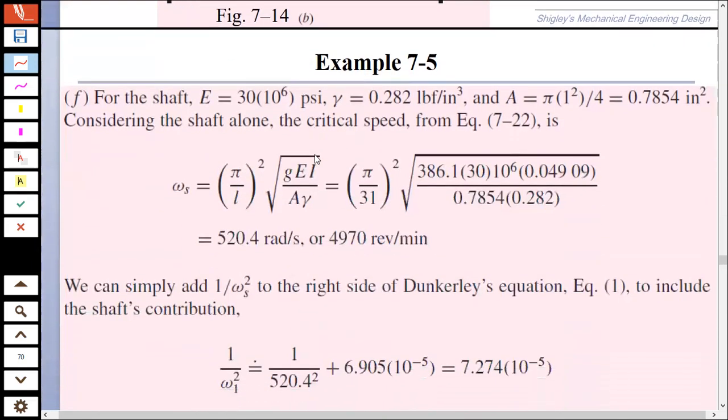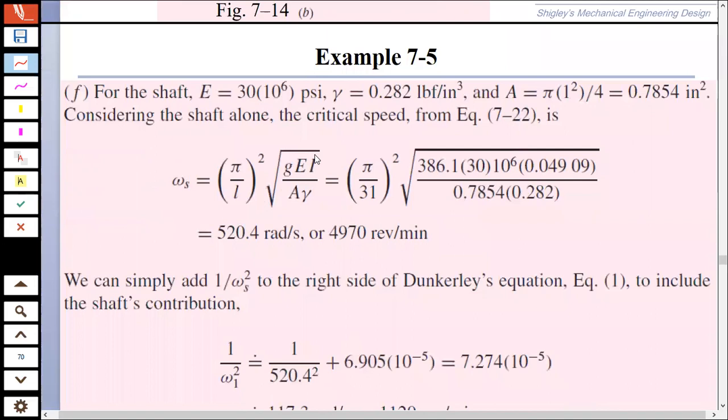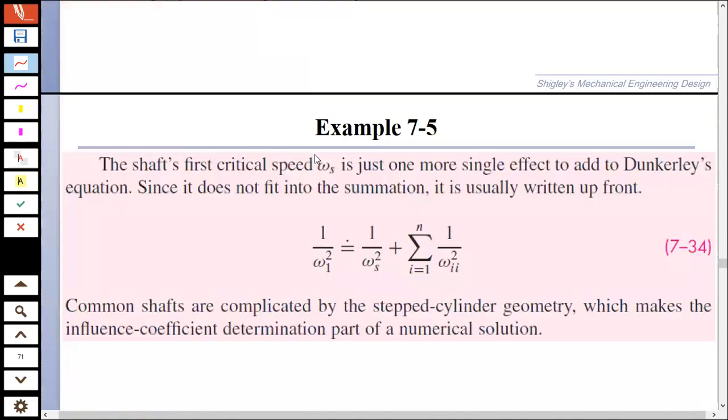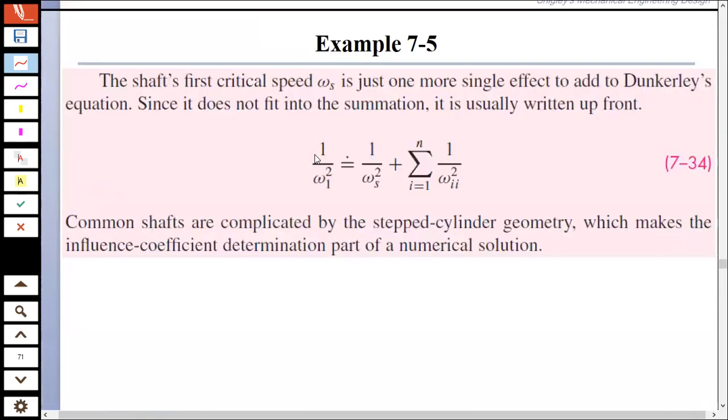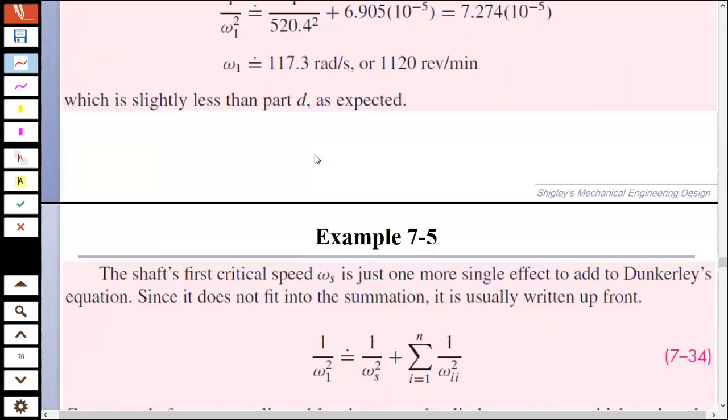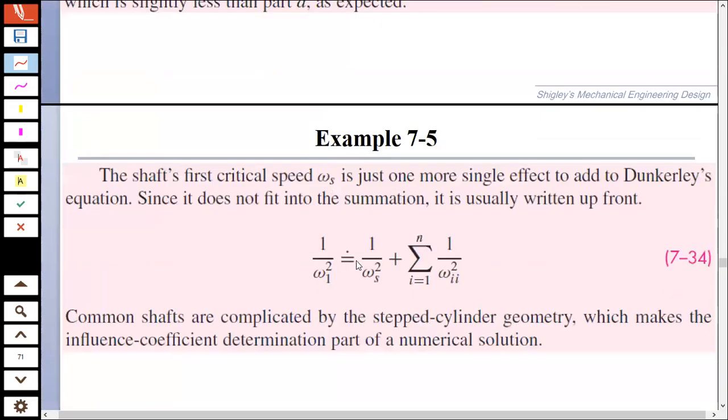And from that, now we can go ahead and find our 1 over omega 1 square and omega square. Okay. And using the same equation, we will do that. And then we are modifying the same Dunkerley's equation a little bit. We are just adding one part in this.